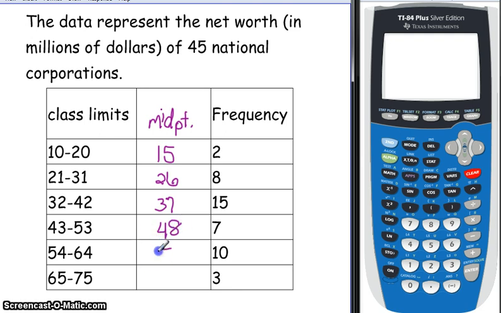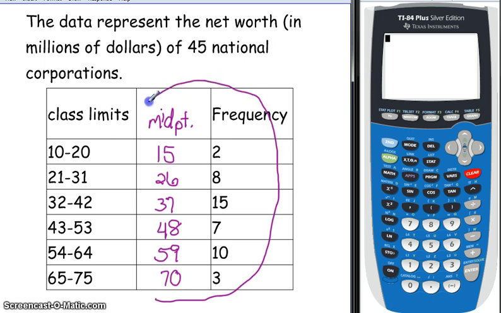The next interval has a midpoint at 59. And the last interval's midpoint is at 70. Now what we want to do is use these 2 columns, frequency and midpoint, to calculate the mean for the distribution.